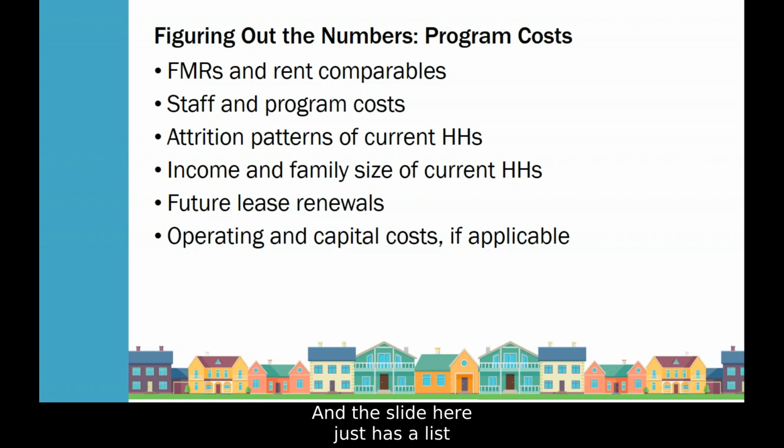And this slide here just has a list of costs specific to administering a HOPWA subsidy assistance program that you'll want to think about as you're figuring out what your budget actually is. So the first on there is considering the FMRs and the rent comps that you have available, really looking at the historical data to see how much these have changed in recent years, what that looks like from year to year, what the housing market looks like.